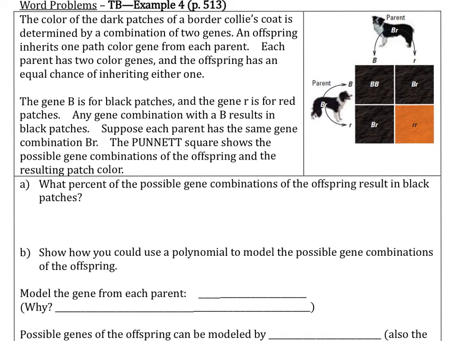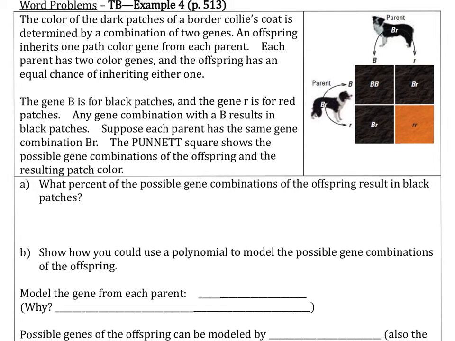Suppose each parent has the same gene combination, BR. The Punnett square shows the possible gene combinations of the offspring and the resulting patch color. Okay, so again, B times B, B times R, B times R, and then we have R times R. And of course, this dog would get the red patch.